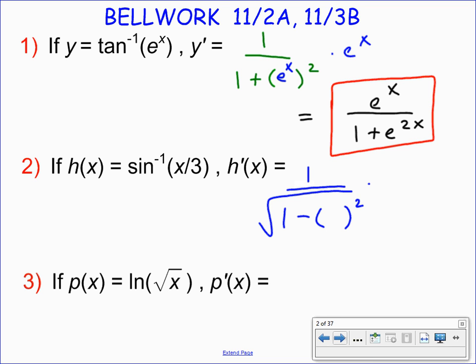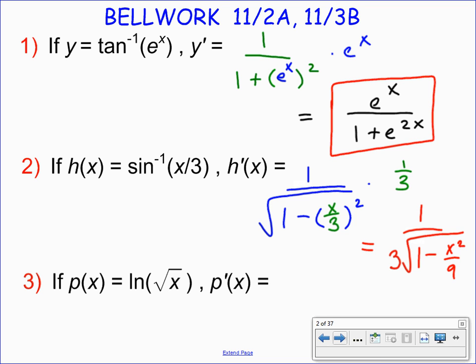It's just that my input wasn't x, it was x over 3. So times the derivative of the input is going to be times 1/3. Well, we can make that look a little bit nicer. We would say then our final answer would be 1 over 3 root 1 minus, and I'd probably write that as x squared over 9. You could certainly leave it as quantity squared, but I'd probably write that as x squared over 9.